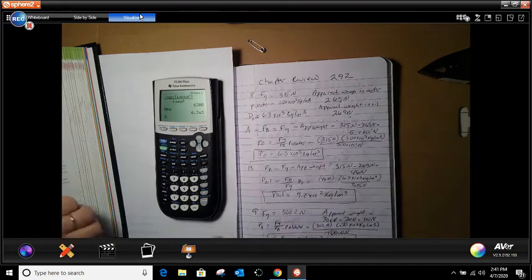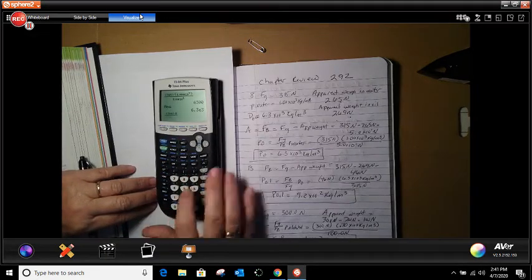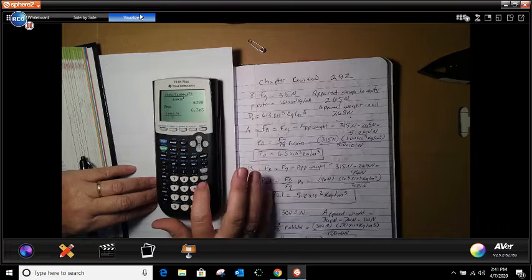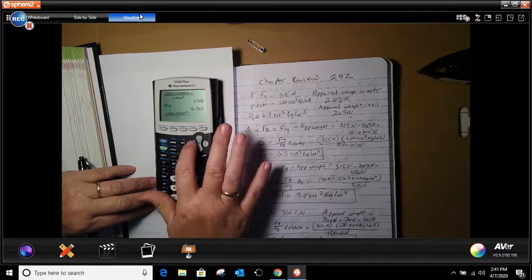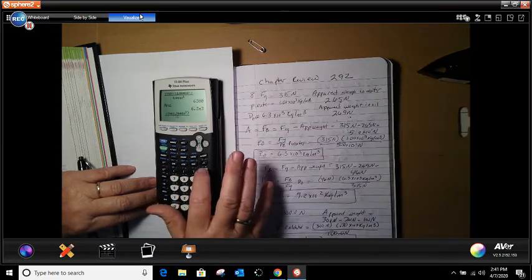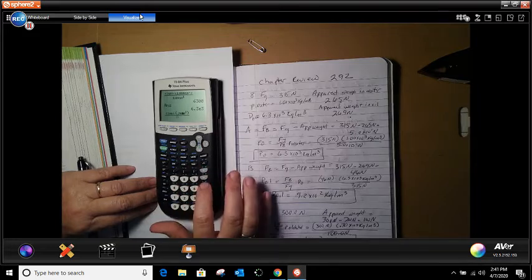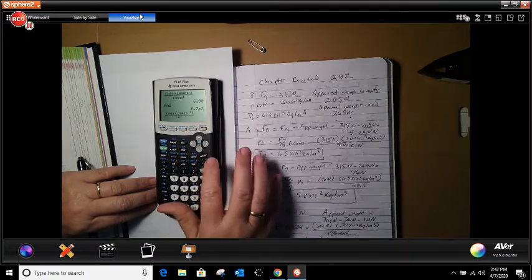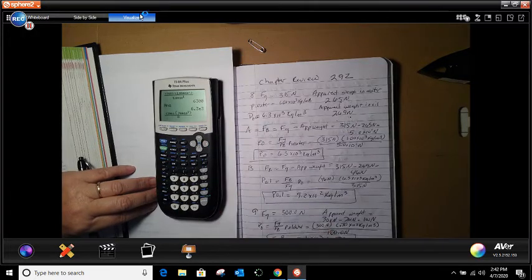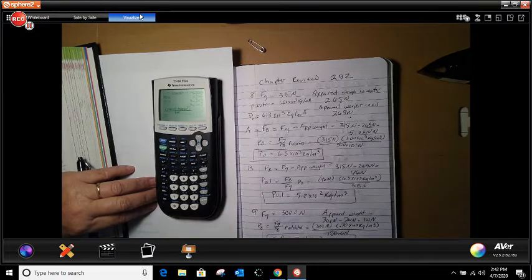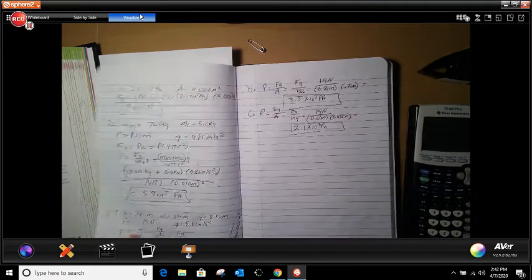Alpha y enter, open bracket 300, close bracket, 0.70 times 10 caret 3 over, close bracket. Now we put down the 100 newtons, and that gives us 2.1 times 10 to the third, the answer for number 9.